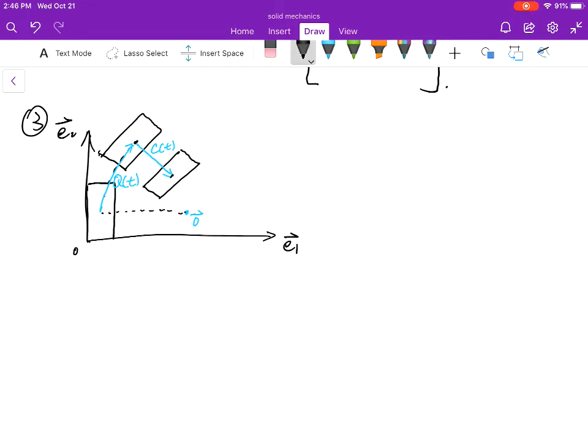In this case, we can write the deformation as x = c(t) + Q(t)(X - O), right?